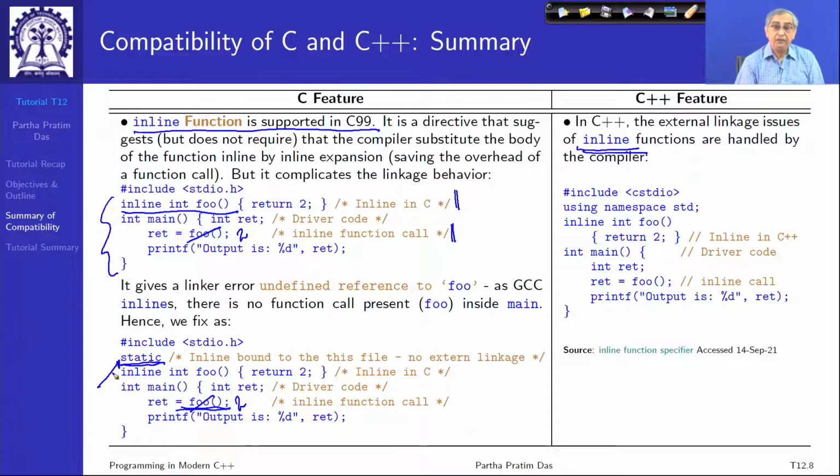When we make it static, then the problem gets solved, because now it is limited only within that file scope. So, the linker is not expecting to link it across different files, and therefore it will not give a linkage error. But actually we do not want this to be static in that file scope, which means that if this function is to be used in any other file where I want it as an inline, I will have to provide a separate header for it, which also will be static.